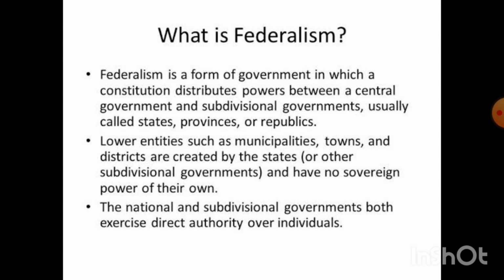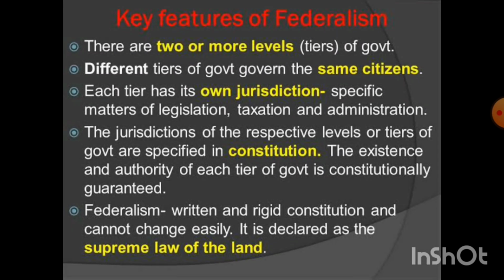The others are the governments at the provincial, state, or regional levels that manage the day to day administration of their jurisdiction. Most importantly, both these levels of government are independent of each other. Some key features of federalism include that there are two or more levels or tiers of government.